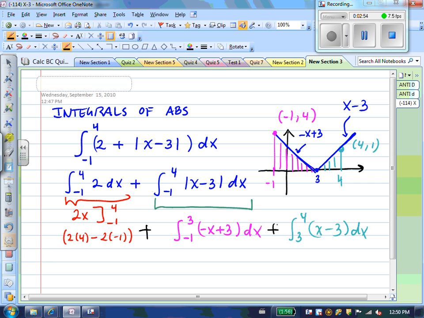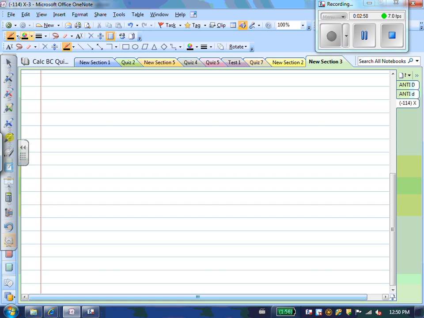The reason I look at it this way is if we look at a second example, so let's say I have the integral of the absolute value of x squared minus x minus 6 dx, and let's say I'm integrating this from -4 to 7 arbitrarily.